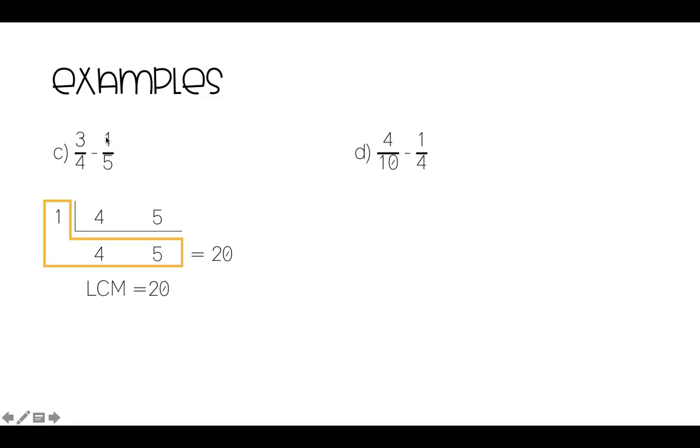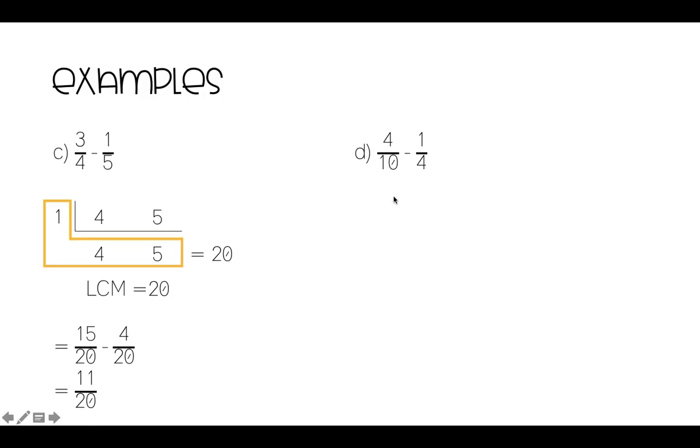And so what I end up with is 4 on the top and 20 on the bottom. So we end up with 15/20ths take away 4/20ths. Now if I was to then subtract our numerators, what we end up with is 11/20ths. Remember, when the denominators are the same in addition and subtraction, we don't have to do anything. We just write the denominator down.